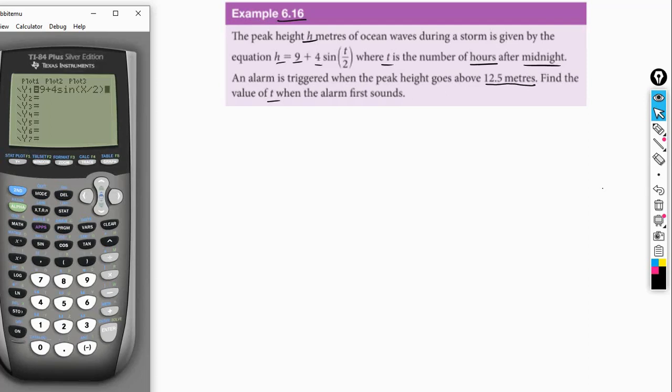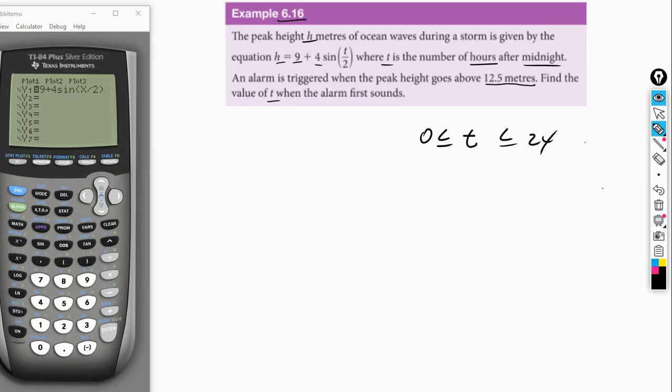Now, before we graph this, we have to make sure we have an appropriate window. And like I said before, it has to do with domain and range. So let's start talking about the domain. Well, t, because it starts at midnight, let's call that 0. So between 0 and 24 hours. So we could use that for the x.